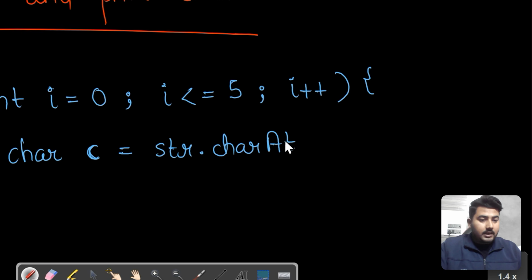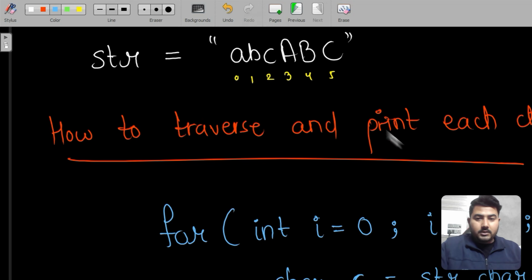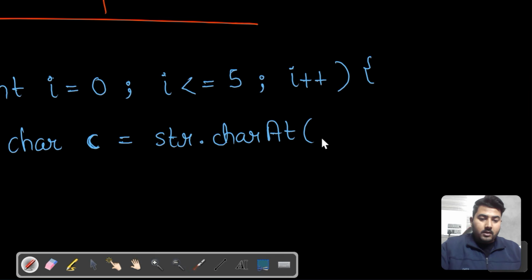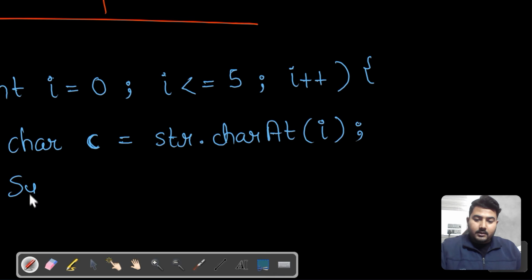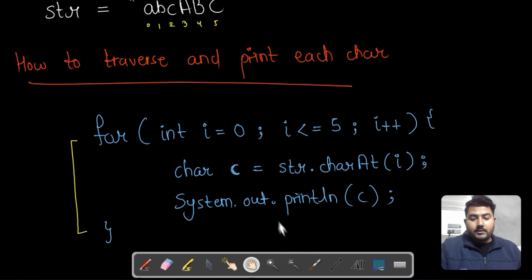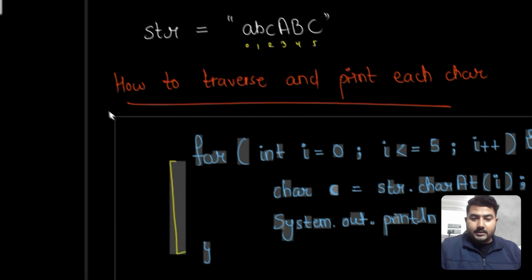Make sure to use this A capital and then mention the index here, which in this case will be i. Every time I am accessing a character, along with accessing, I simply need to print it as well. So I will simply mention system.out, and it will simply print each character.